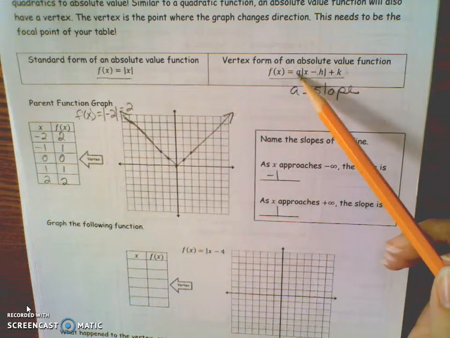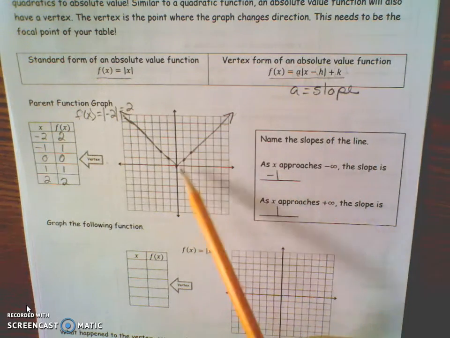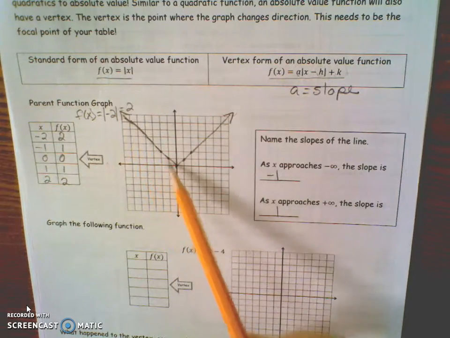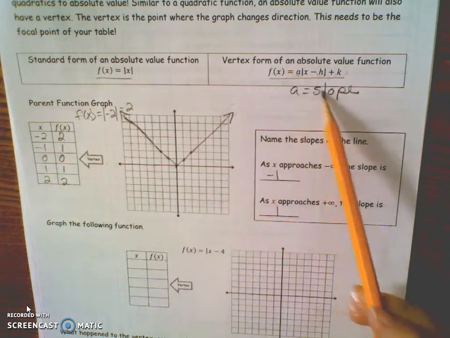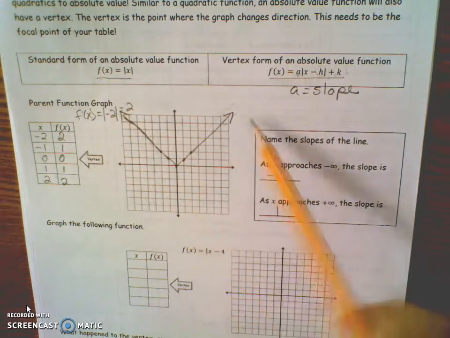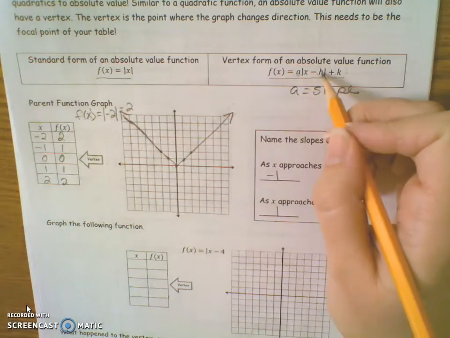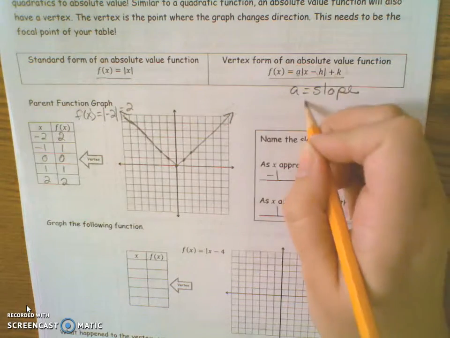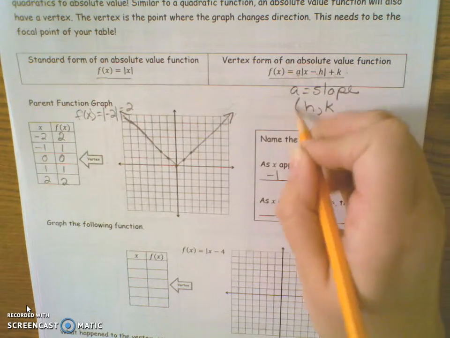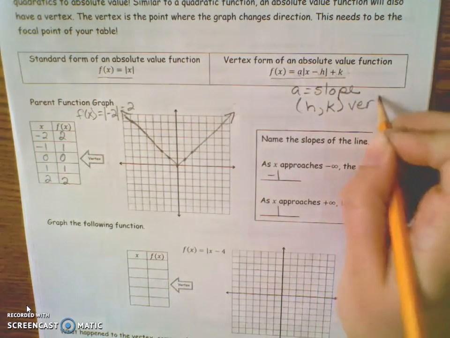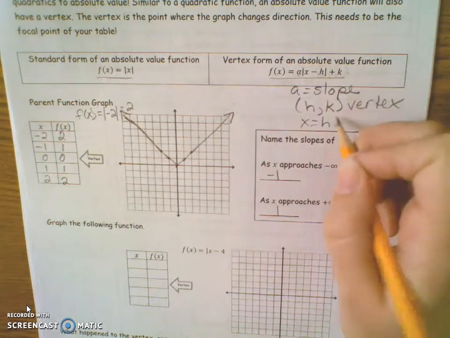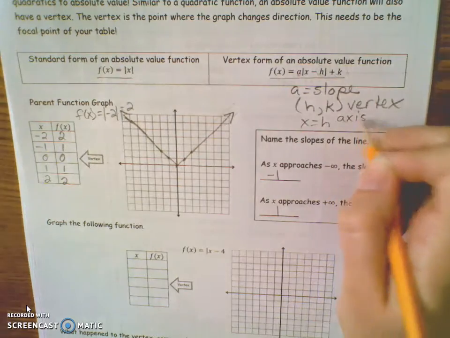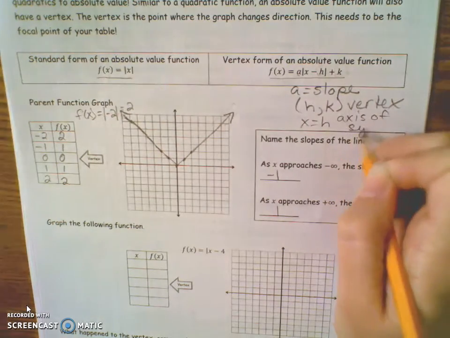If this is 5, our slope from this direction is going to be -5, and our slope in this direction is going to be +5. So it's the slope, but remember they're mirror images of each other. (h, k) is going to be our vertex, and x equals h is going to be our axis of symmetry.